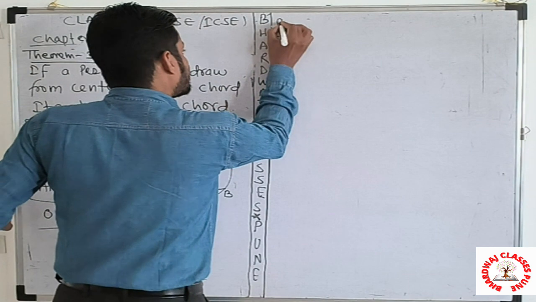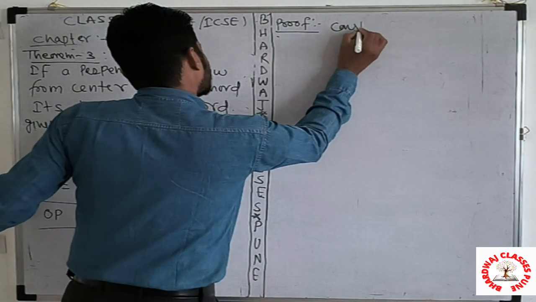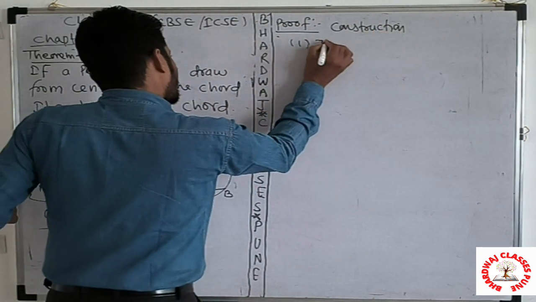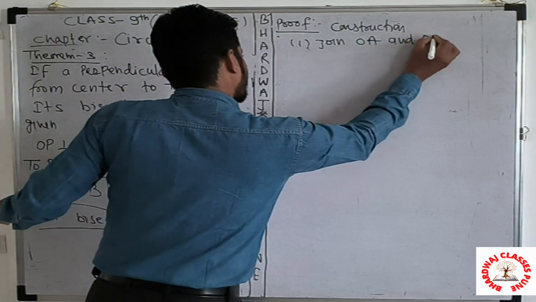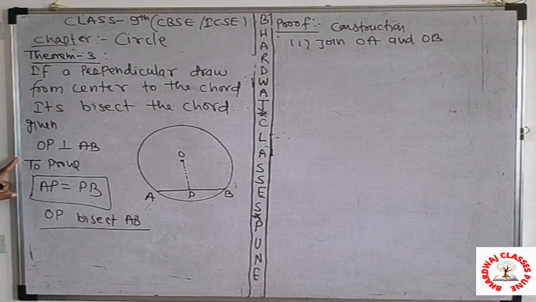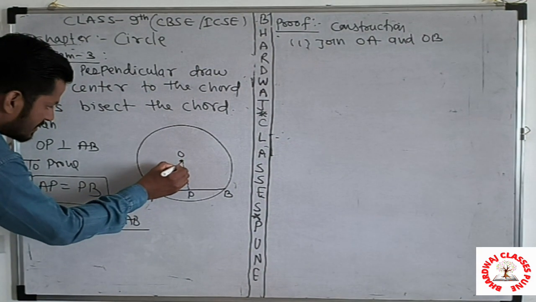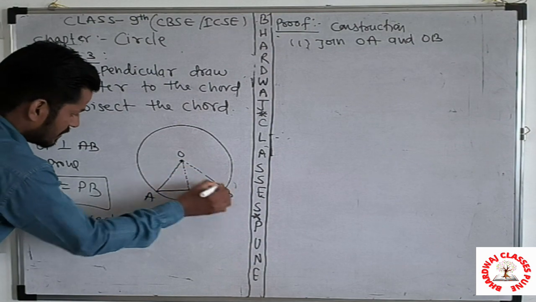Let's see how we can prove it. To prove this theorem, we need some construction. The construction is just to join OA and OB. Got it?